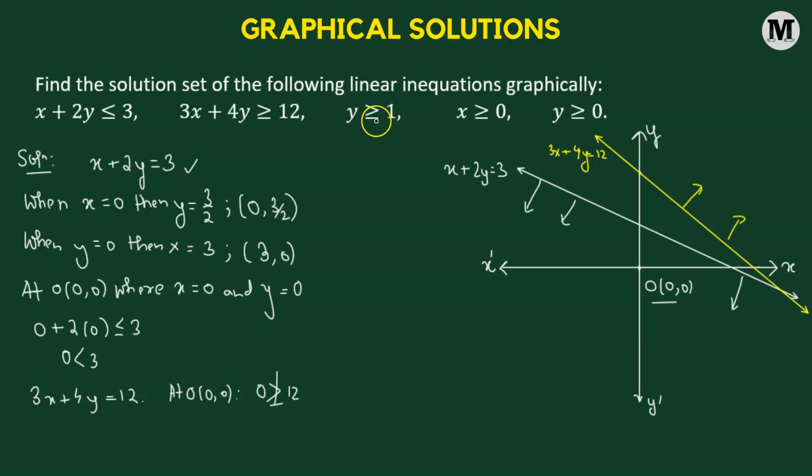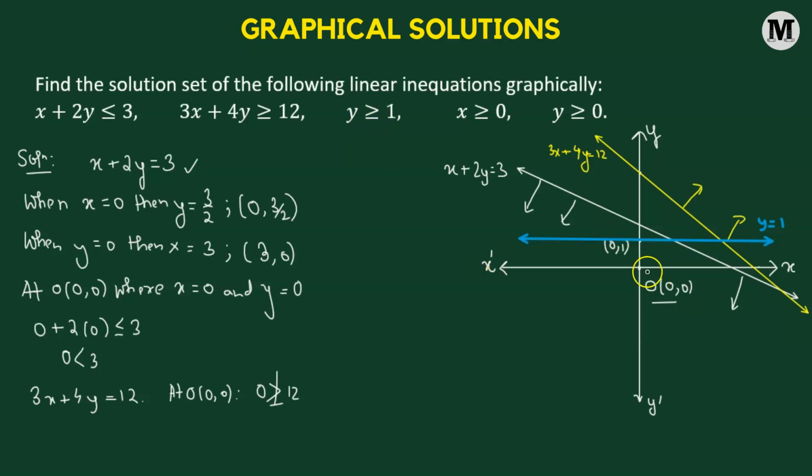Okay, now coming to the third inequality. So here we have y greater than or equal to 1. First what we'll do, we'll try to sketch y equals 1. So y equals 1 is going to correspond to a point 0, 1 on the y-axis, and we're going to consider a line that is going to pass through this point and parallel to the x-axis. Now we need to find out the solution region for y greater than or equal to 1.